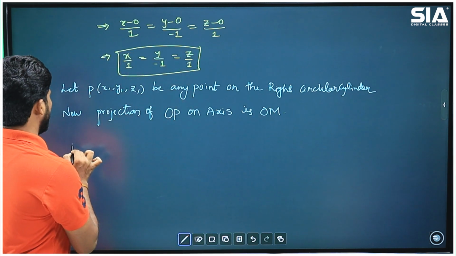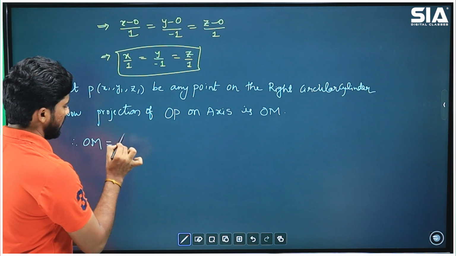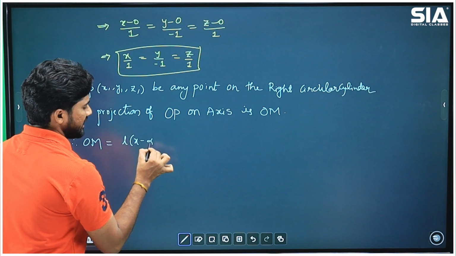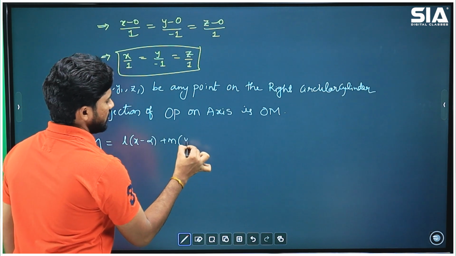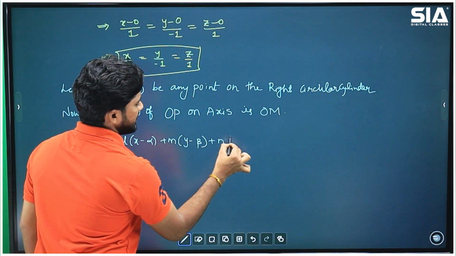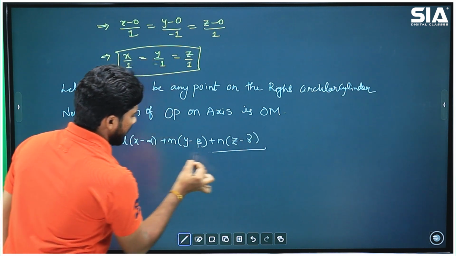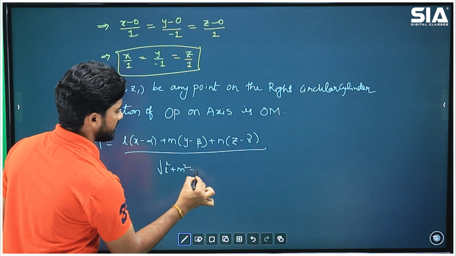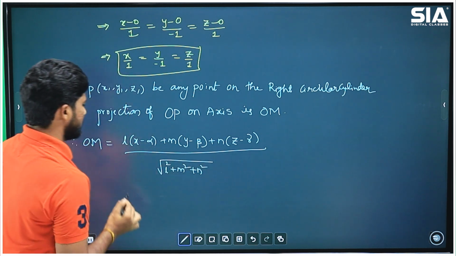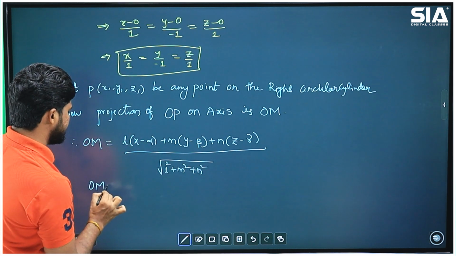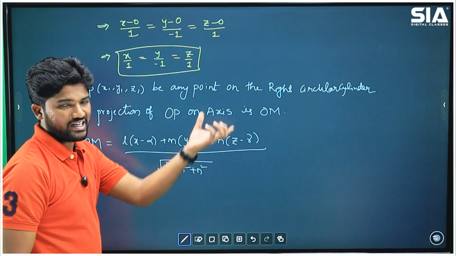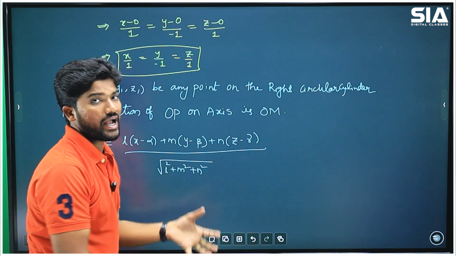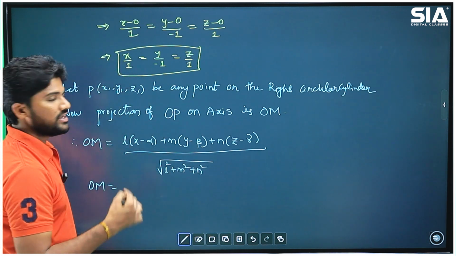So therefore OM is equal to the projection equation: l into (x minus alpha) plus m into (y minus beta) plus n into (z minus gamma), divided by the square root of l square plus m square plus n square. Now substitute all the values. Here x, y, z means a point on the right circular cylinder, so in place of x, y, z I am substituting that point x1, y1, z1.